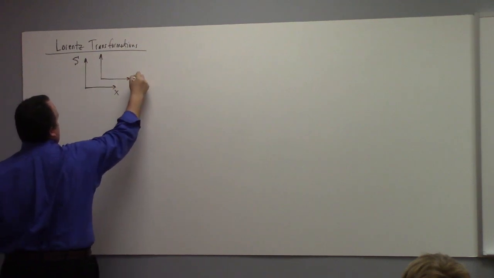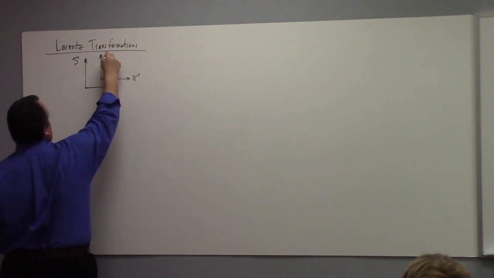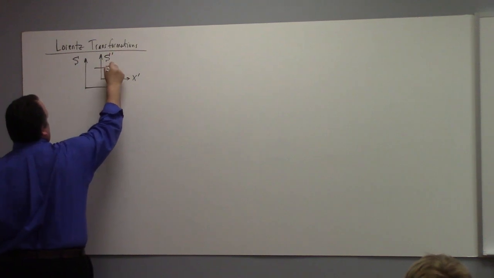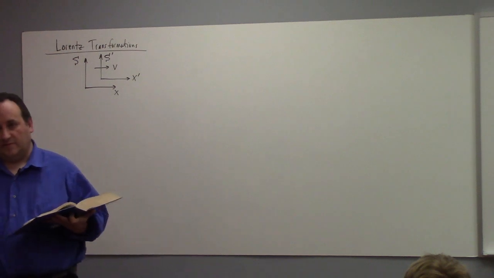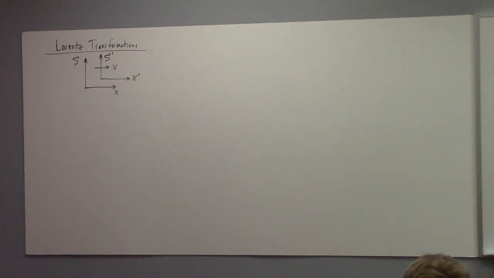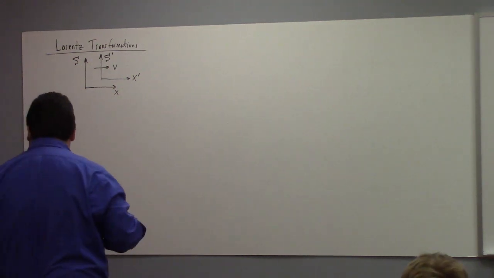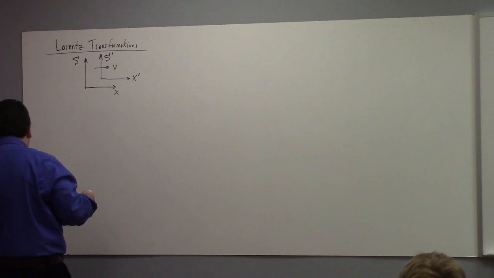We use x prime for the moving coordinate system typically, and suppose that's moving with velocity v with respect to the unprimed frame. For the sake of discussion, let's call the unprimed frame the lab frame, and the primed frame the moving frame.